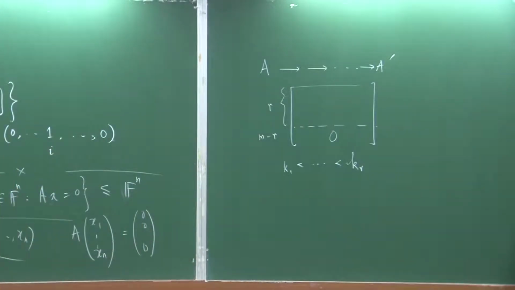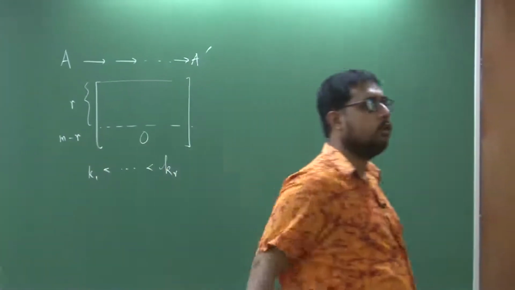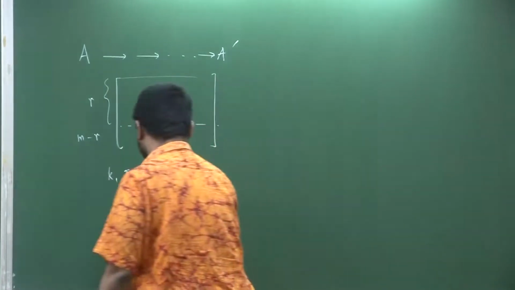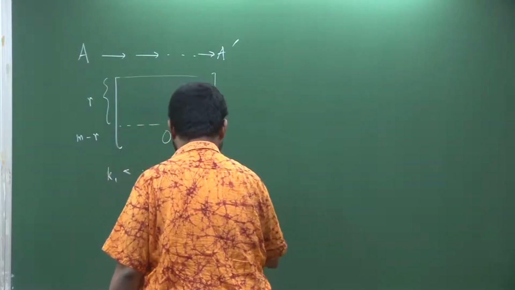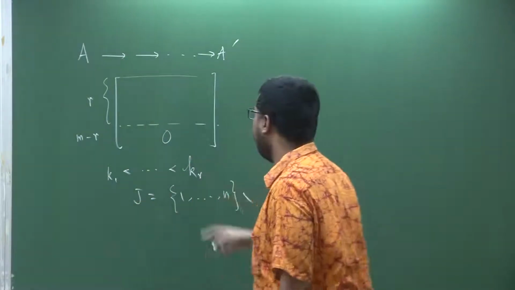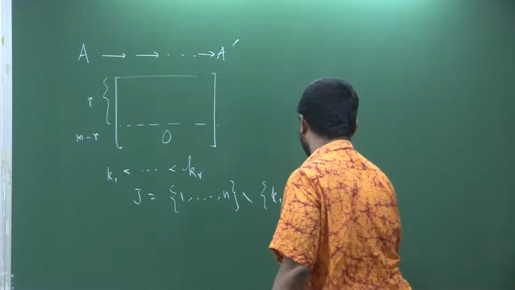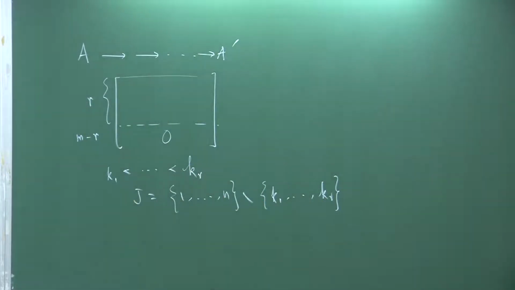In one group we have the variables xk1 up to xkr, and in the other group we have the rest of the variables. We define J to be the indexes from 1 up to n other than k1 up to kr.